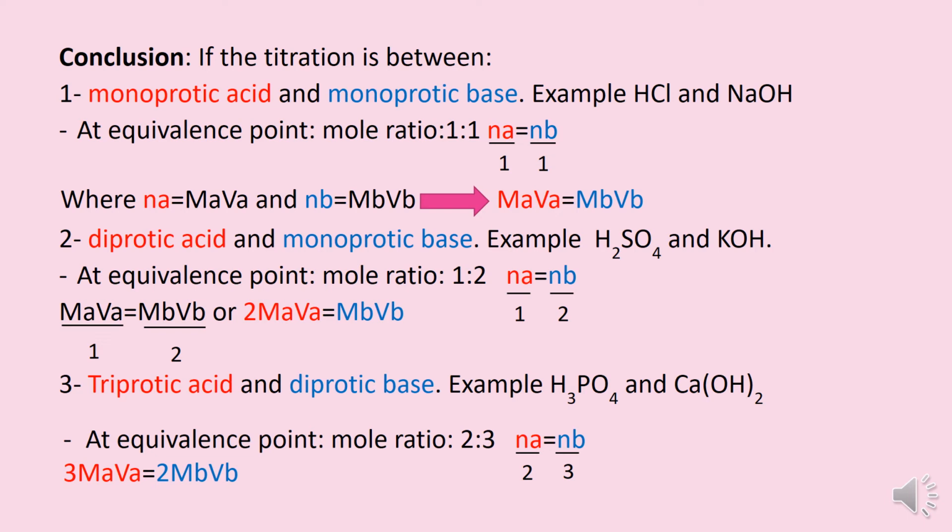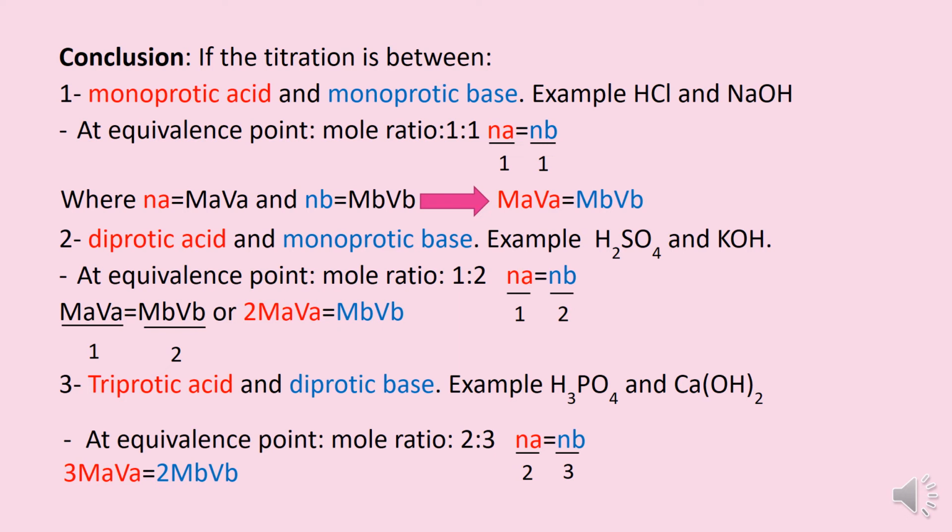Now let's take a third titration where we have triprotic acid and diprotic base. Example of triprotic acid is H3PO4. As you see here, it consists of 3H plus.